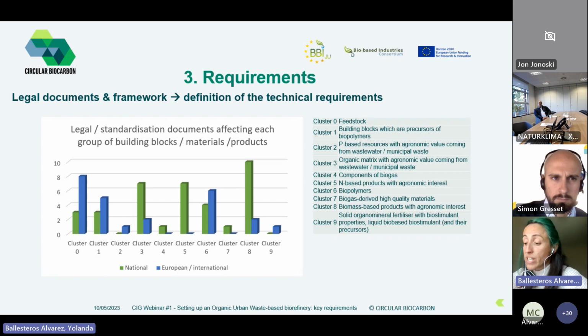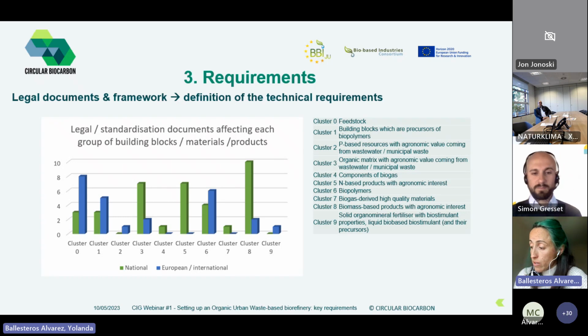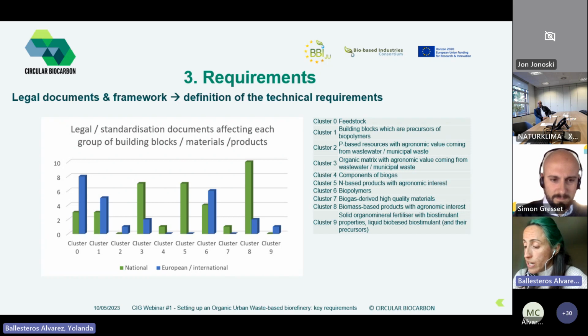The feedstock is also affected by 3 national documents dealing with contaminated soils, fertilizing products, and use of sludge for agriculture.